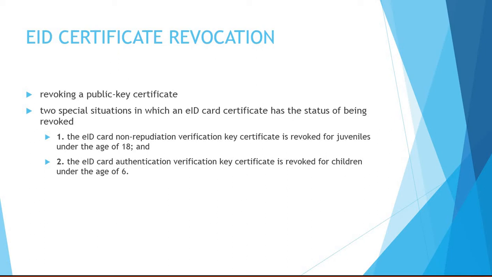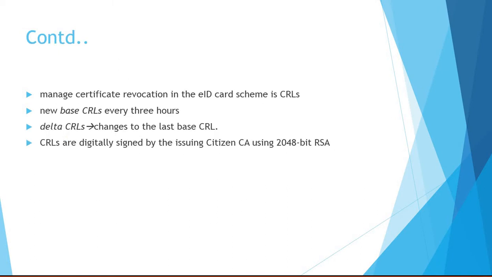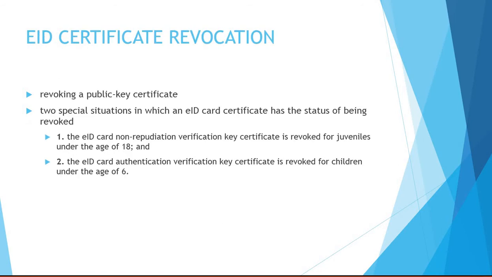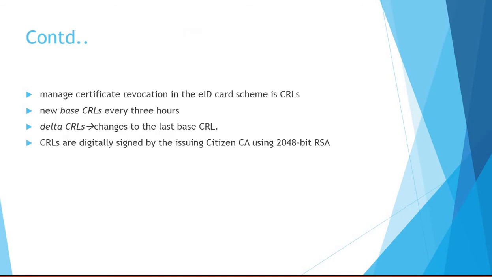And for people who are less than age 6, they are minors, so some adults have to monitor. For them the authentication verification key will be revoked, for small children. Okay, so we'll see the continuation of the EID certificate revocation.